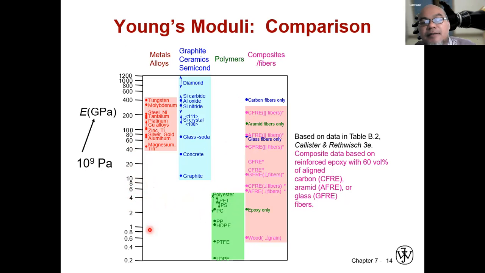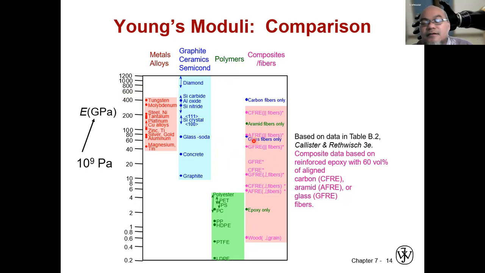less than 10 gigapascal, okay, 4 gigapascal, something like that. Even some materials have less than 1 gigapascal. Here, if we see, most metals have tens of gigapascal, and diamond could have hundreds of gigapascal Young's modulus.